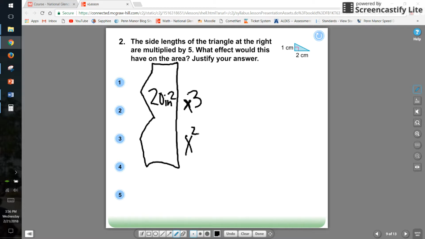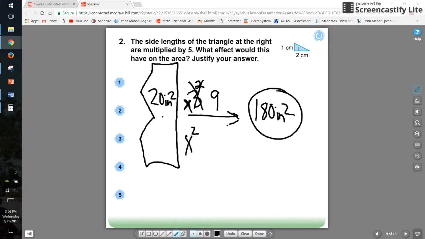So to get from this shape here to the bigger shape, I'm not going to multiply times 3. We're going to multiply by 3 to the second power. Thinking about what 3 to the second power is, it's really 9. That's how that comes in handy. So the area of my new shape will be 180 inches squared.